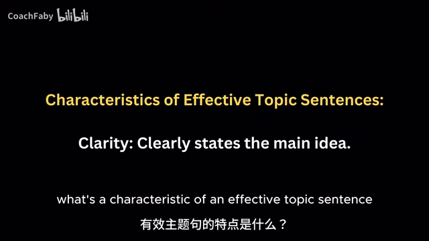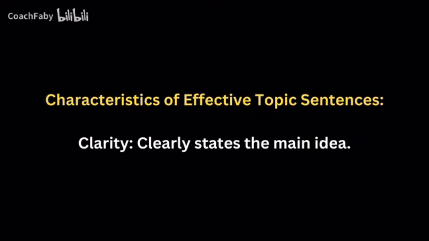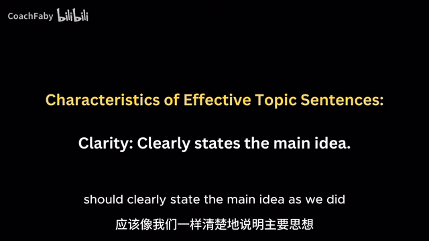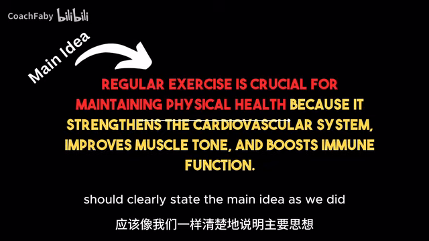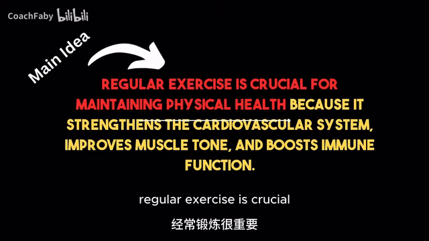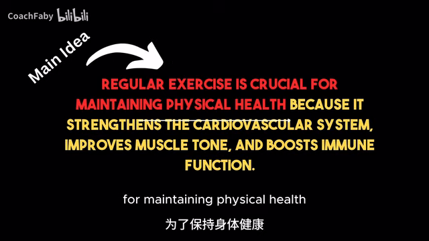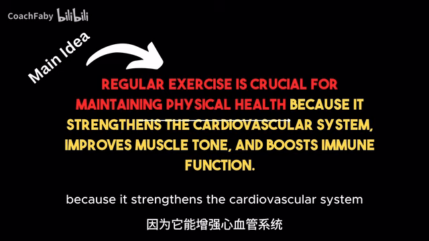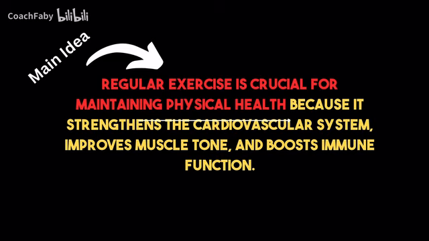Characteristics of an effective topic sentence. The effective topic sentence should clearly state the main idea, as we did in our example. Here's another example. Regular exercise is crucial for maintaining physical health because it strengthens the cardiovascular system, improves muscle tone, and boosts immune function.